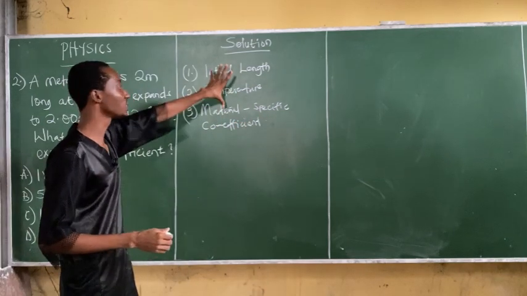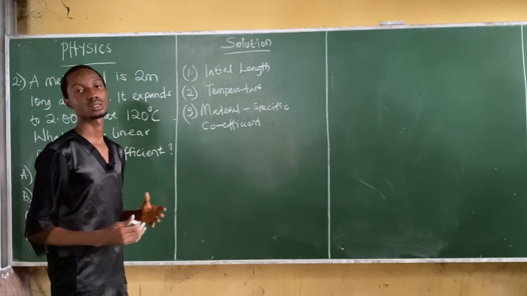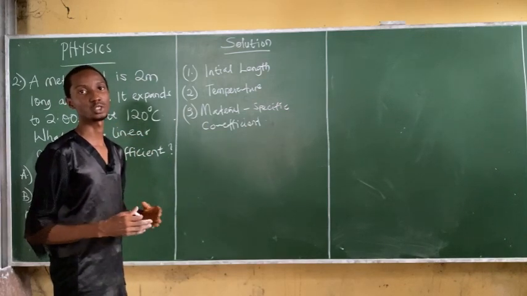These are the 3 basic things that determine the amount of expansion.